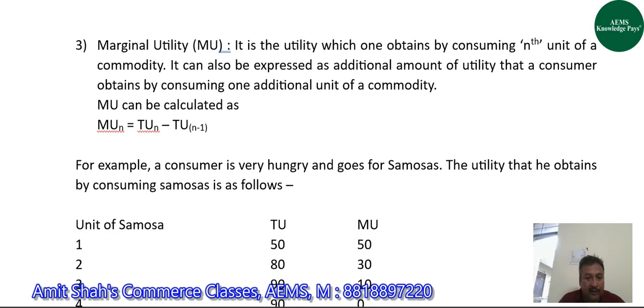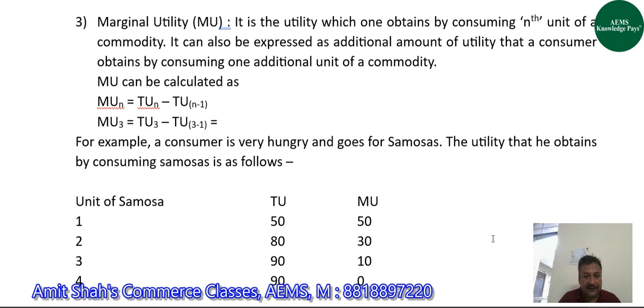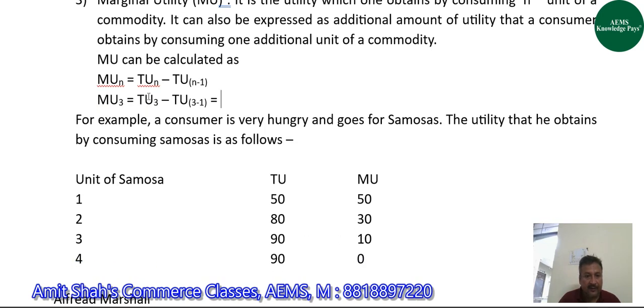For example, if I want to calculate MU of the third samosa, then I have to take TU of 3 samosas minus TU of 3 minus 1, that is 2 samosas. So TU of 3 samosas is 90.